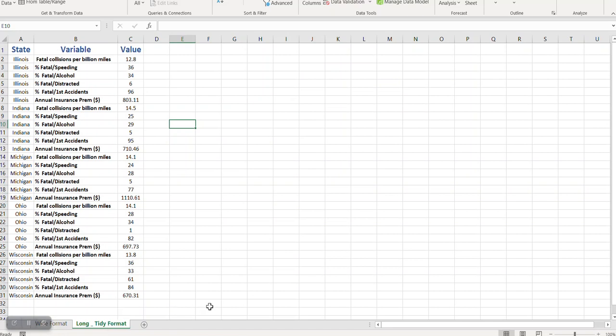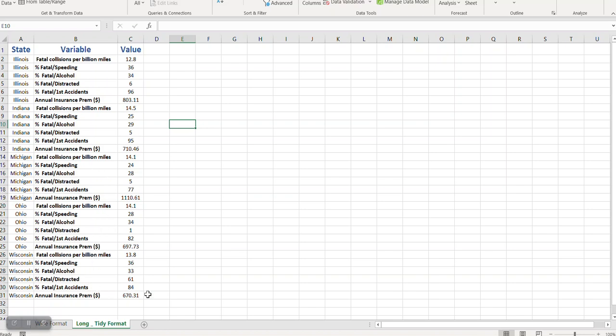So this tidy format or long format is taking each of the data points and putting them in this other format. And the reason we'd want to do that is if we're trying to compare something happening with Illinois, graphing the data visually would be much easier to do in the long format or the tidy format than it would be for the wide format.